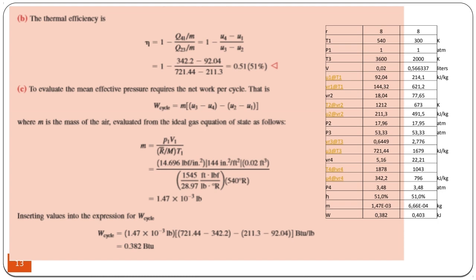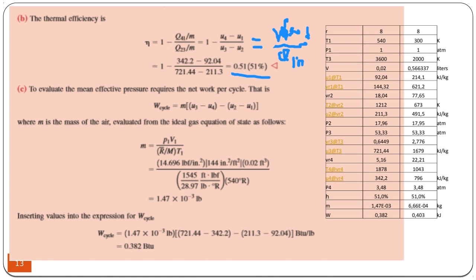This is actually the same as W net divided by Q in. So you obtain an efficiency of 51%. And we would like to calculate the actual work, because the work here is per unit mass of the air.